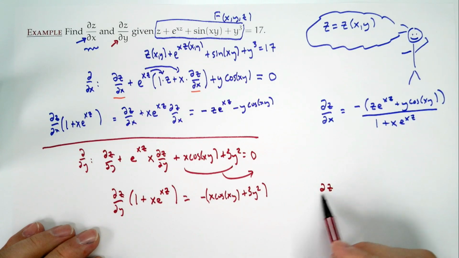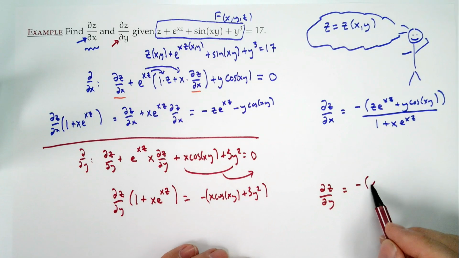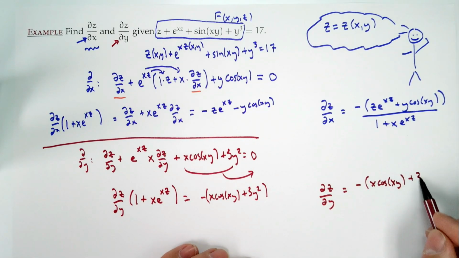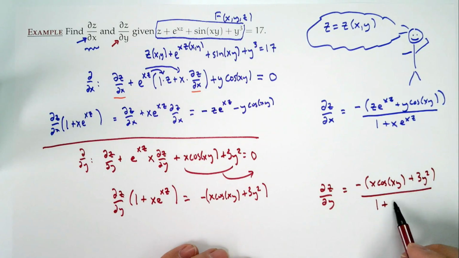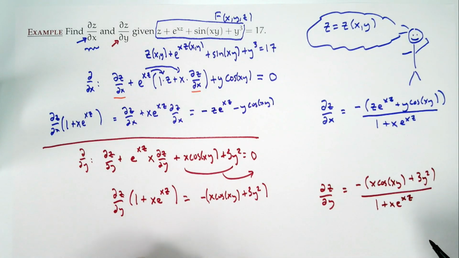And therefore, partial z partial y is minus x cosine xy plus 3y squared all over 1 plus x e to the xz. The fact that the denominators match up, that's actually not surprising. They should. They're both coming from the same part of the formula, that f sub z.